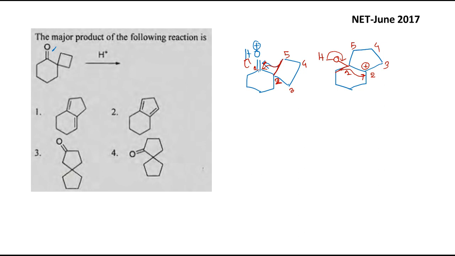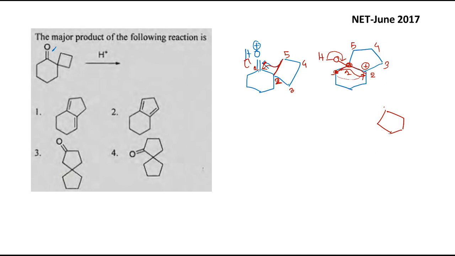So here this bond is now broken, and at this position there will be generation of C double bond O. So a 5-member ring, and if you consider this position, it will now be connected to this 2 position.